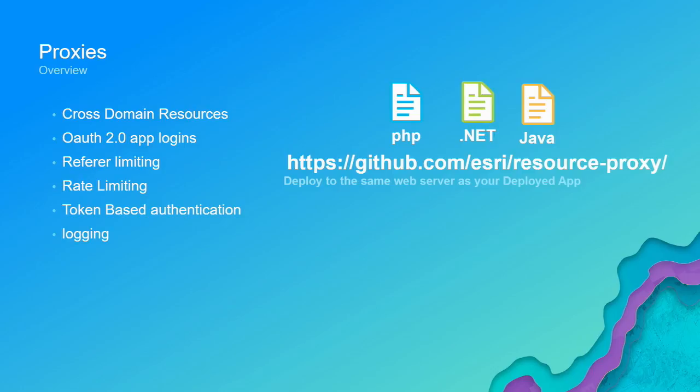All right, so it provides a lot of resources for working with secure services, CORS, OAuth logins, token-based authentication. You can log all the requests that come through the proxy. It's pretty cool and helps, because a lot of times everybody doesn't want their services out there for anybody to mine and drill and find.